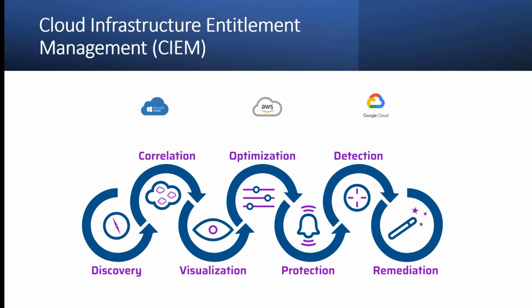Now, once you can visualize those things and you can see that this is over-provisioned, that extra privileges have been granted, then obviously you can optimize it by either removing those permissions or adding those permissions, whatever the case may be. And at the end of the day, you start helping your organization to protect itself, basically improving the overall security posture.